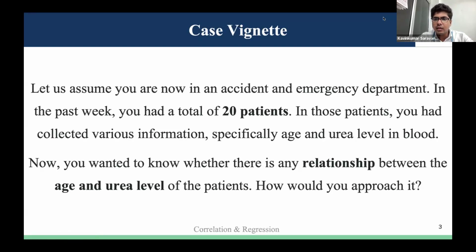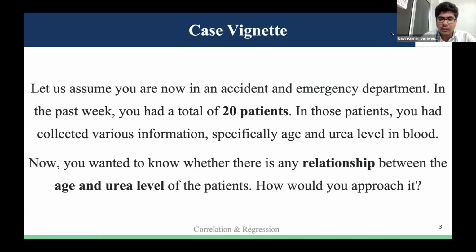Specifically, you have taken age and the urea level in the blood. So when you have collected this information, now we wanted to know whether there is any relationship between these two variables, that is age and the urea level of the patients.